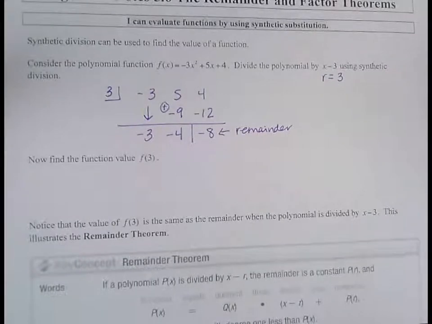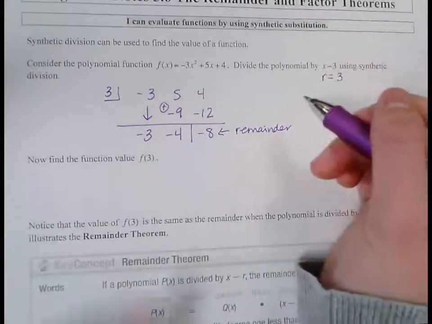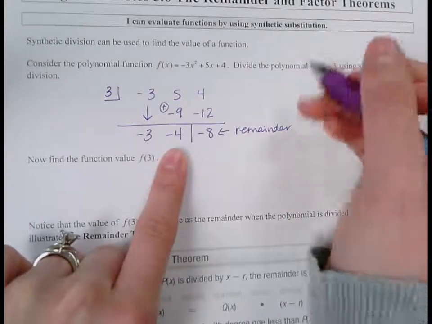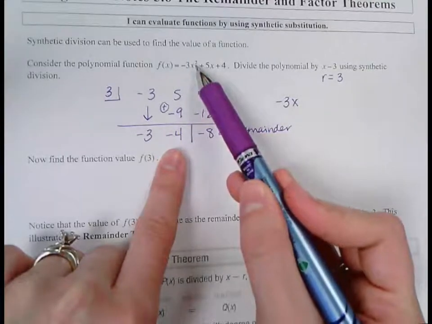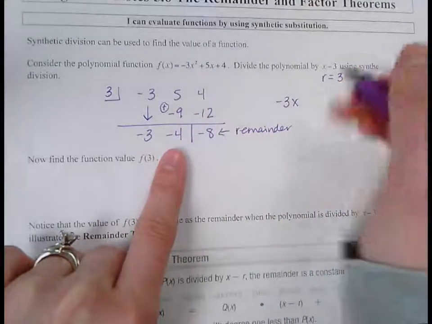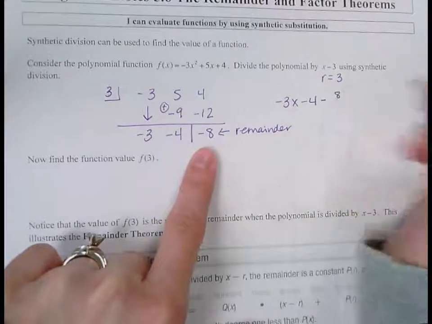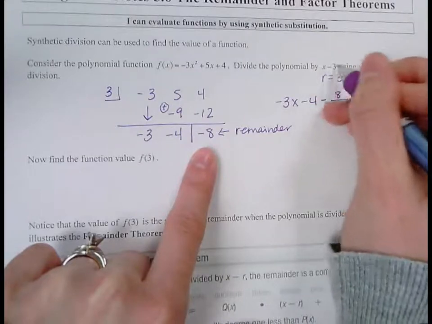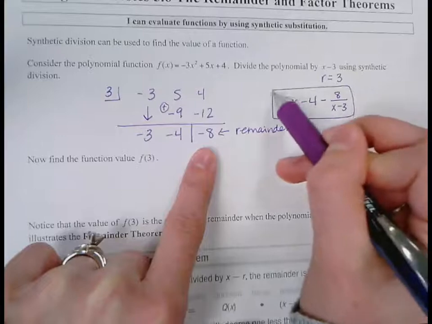While we aren't needing to write out the full quotient with remainder for this, I do want to remind you how to write it. The -3, -4 are the coefficients, so I would have -3x to the first power, one power less than what I started with, and then -4, and for the remainder, plus -8 over the divisor x minus 3.